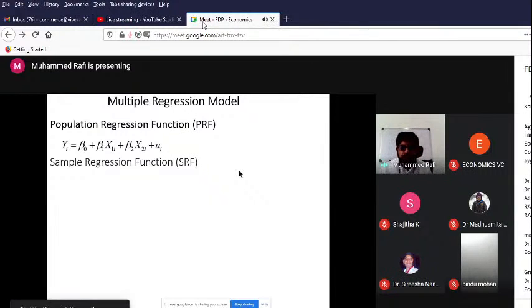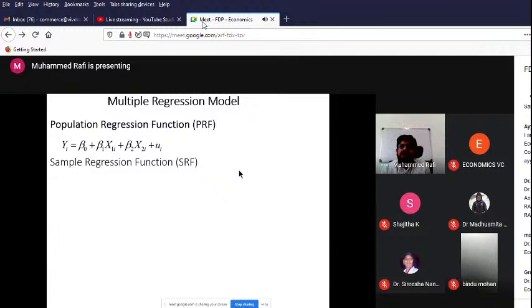Even in our example of the consumption function, in reality various other factors will be affecting the variation in consumption. There will be wealth or the region where you are staying, there will be many factors which affect it. So you have to go for the multiple regression model.